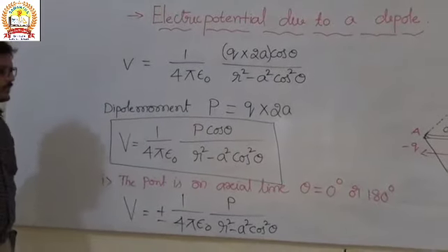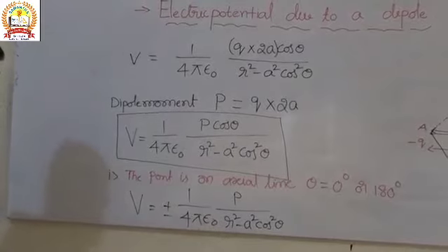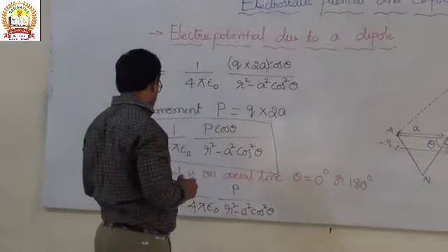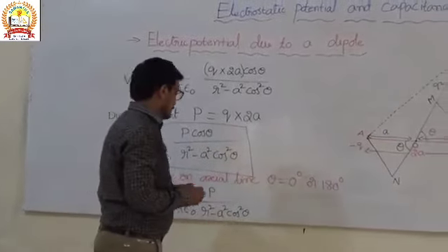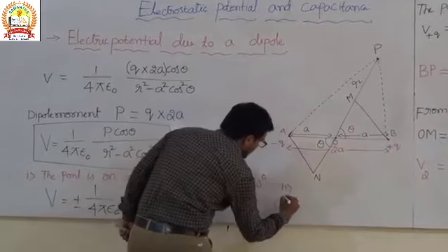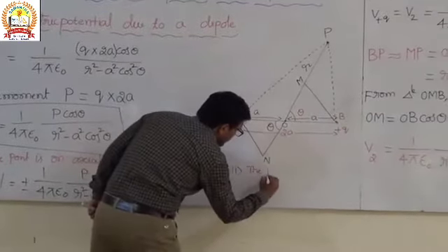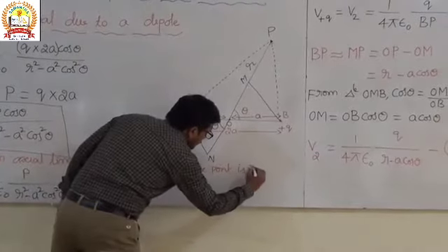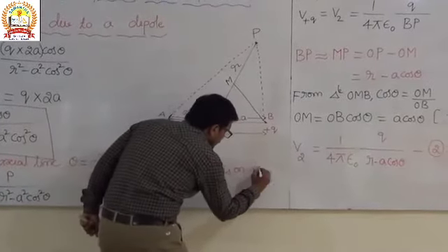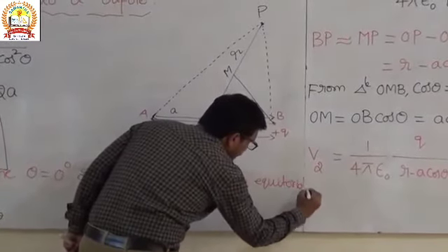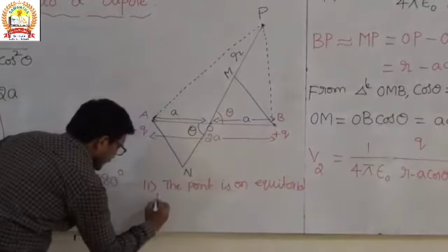And if the point is on the equatorial line, then what will be the potential due to a dipole? The second one is the point is on the equatorial line.